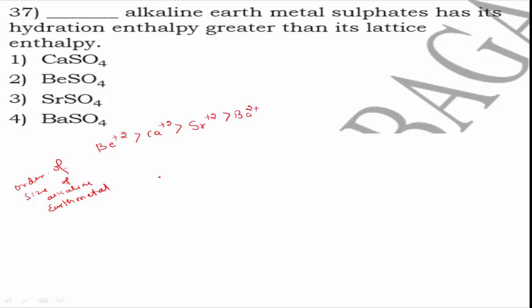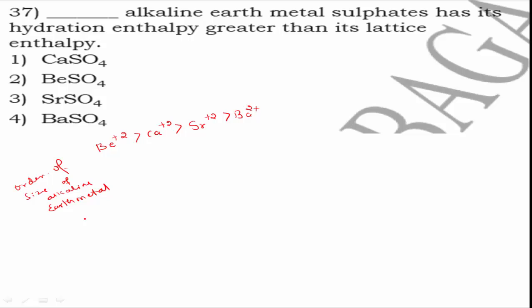Hence, BeSO4, beryllium sulfate, has hydration enthalpy higher than the lattice enthalpy. Students, down the group, solubility of sulfates of the group metals in water decreases. Remember, this is very important.